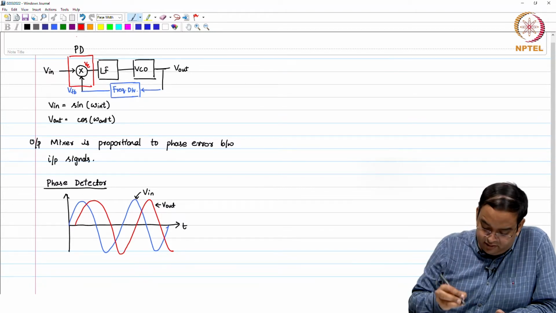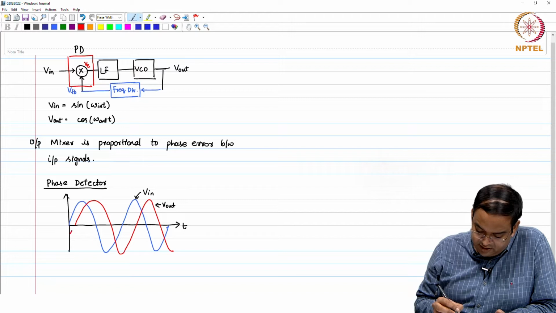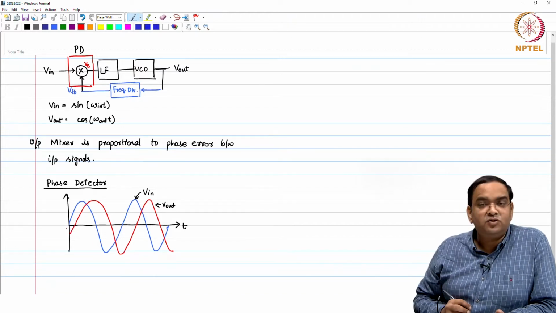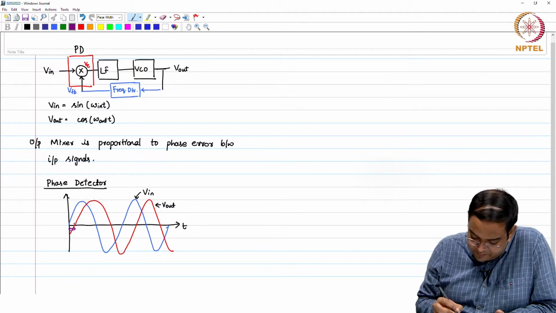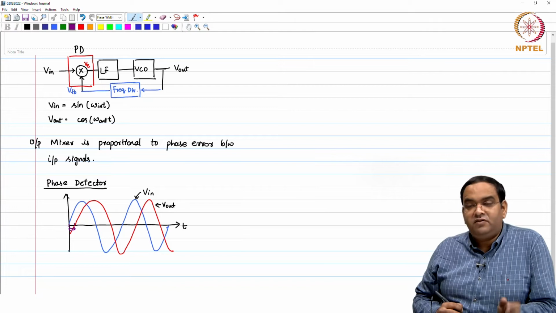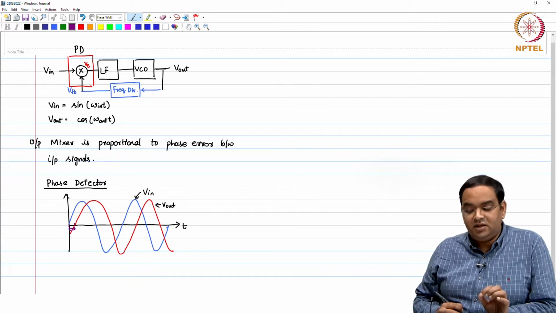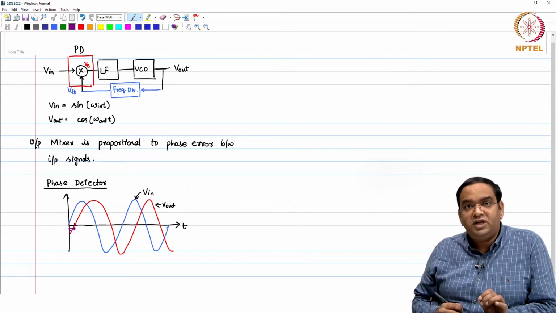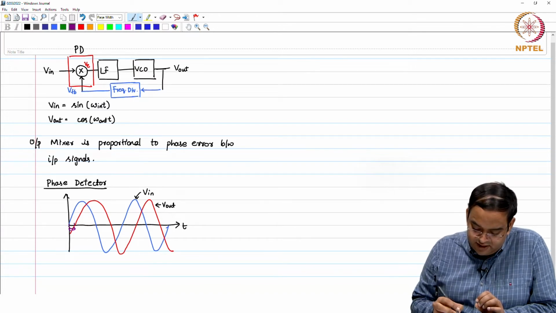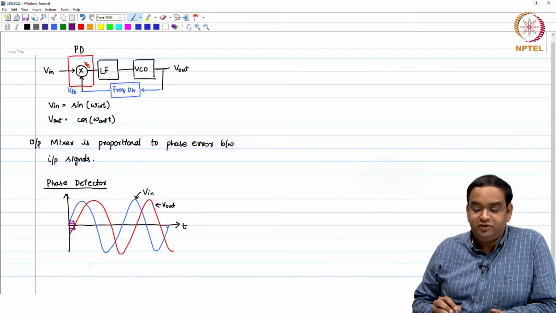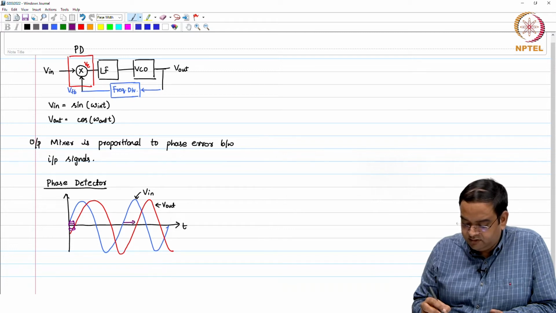If the frequency of both the input and the output signal is the same, the phase error is defined as the difference between the zero crossings of these two signals. So, here it is like this.